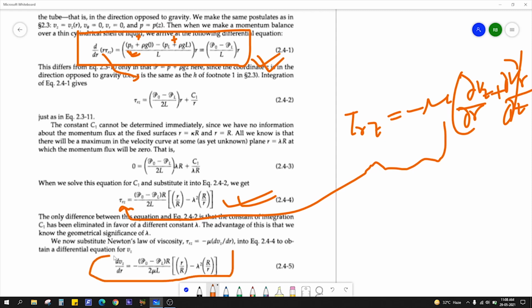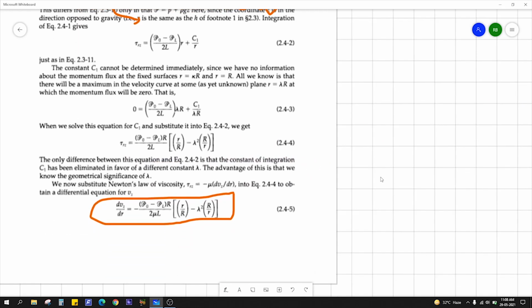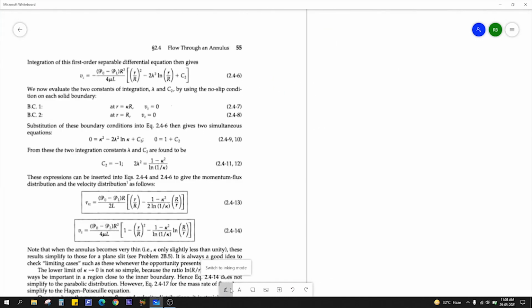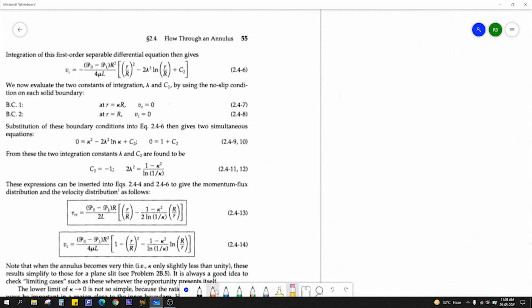Now you have to integrate it. If you integrate this, you'll get another constant, C2. Now you have to find the value of C2 using boundary conditions.